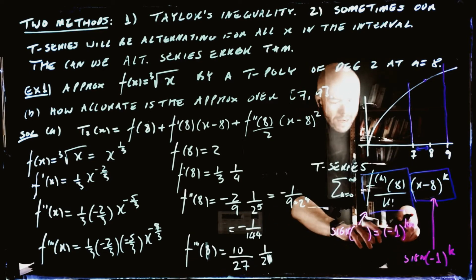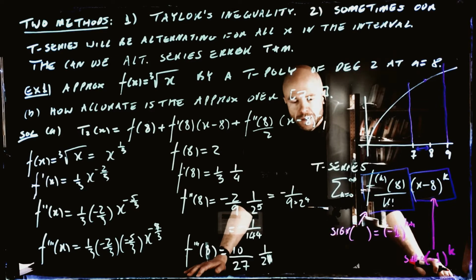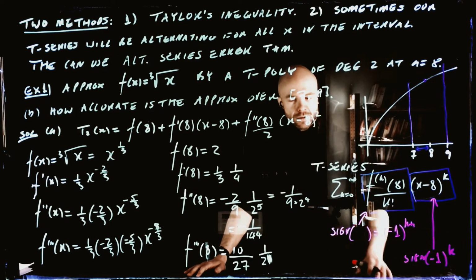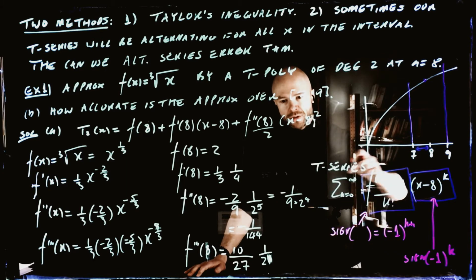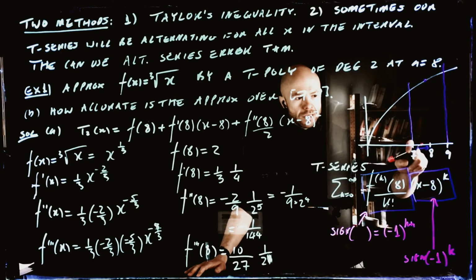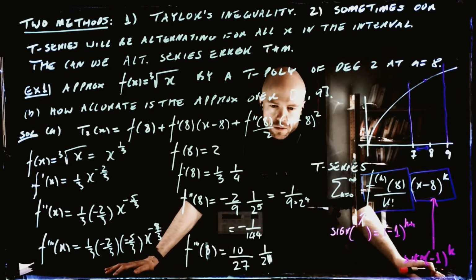So when we multiply these things together, yeah, it's going to be negative for every single term, k equals 1, 2, 3, 4, whatever, so long as x is between 7 and 8. So it's not going to be alternating. Do you see what I mean? Thumbs up if yes, thumbs down if no.